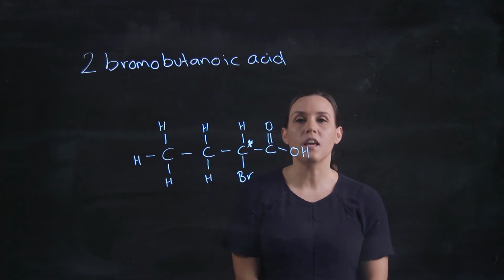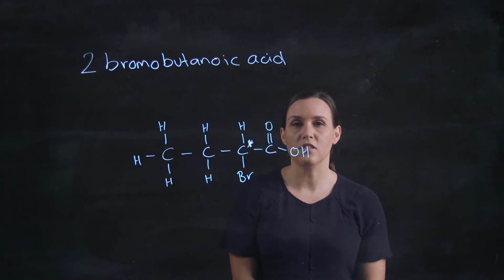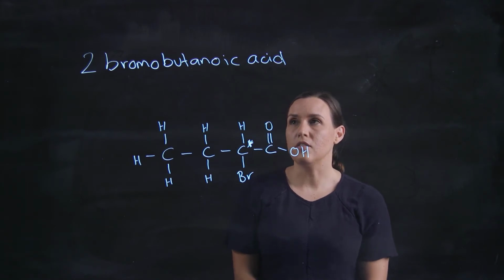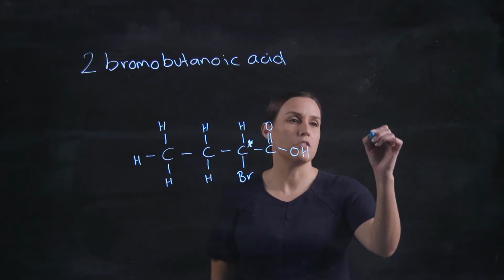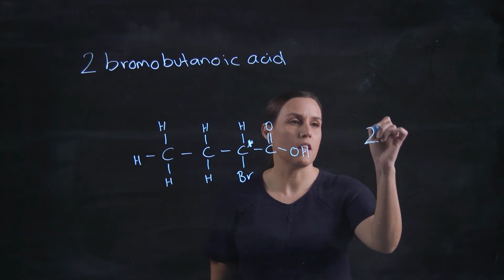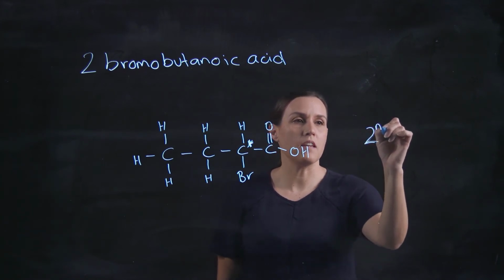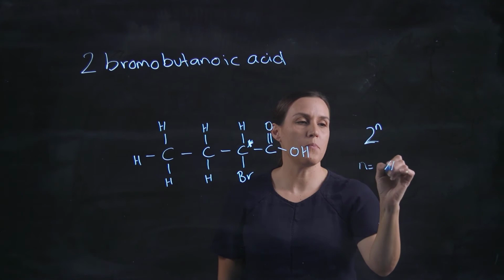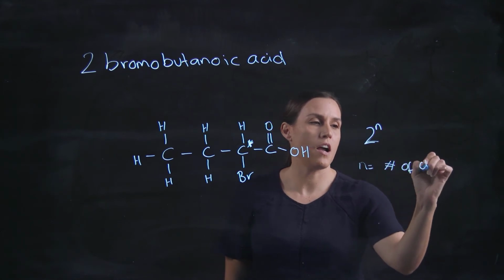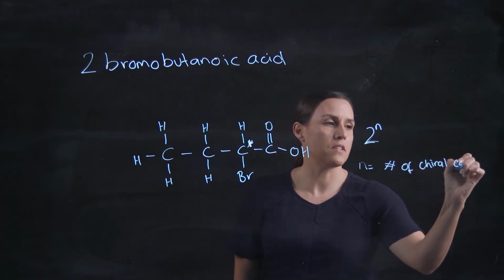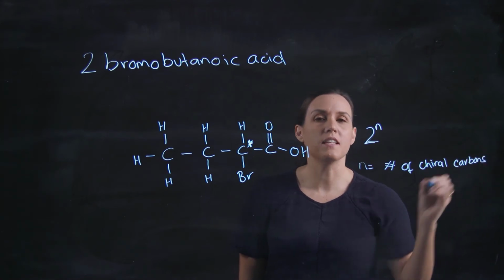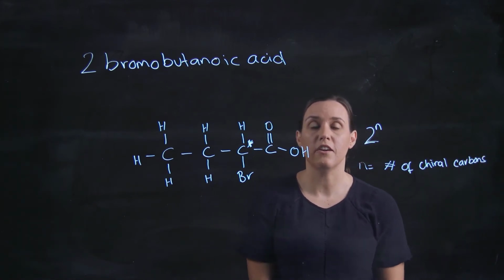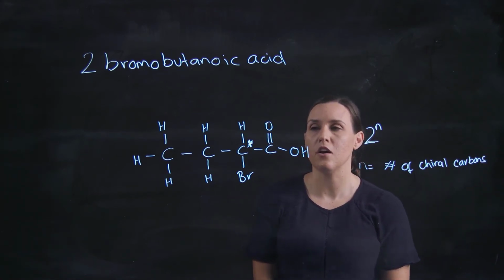Remember, you can get an R or an S configuration at a chiral center. Now the general rule is 2^n, n being the number of chiral carbons. And this will predict how many stereoisomers you can have for this particular compound.